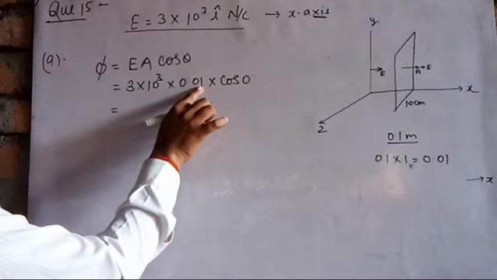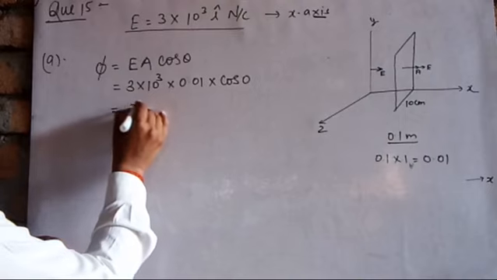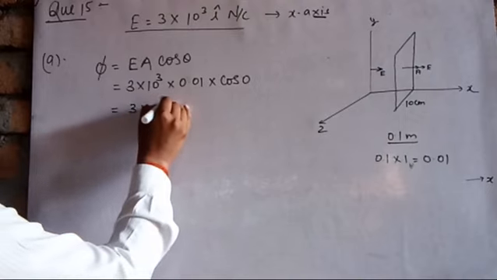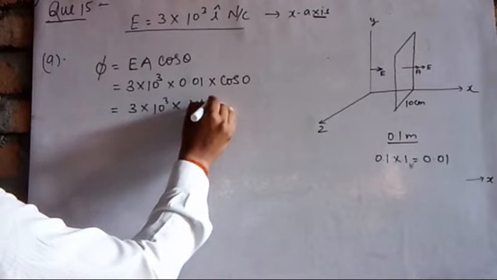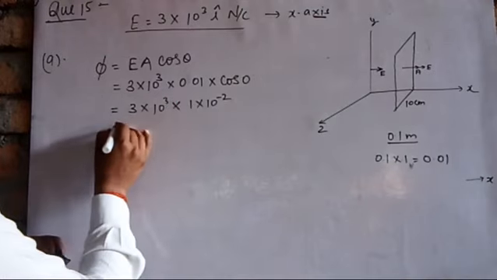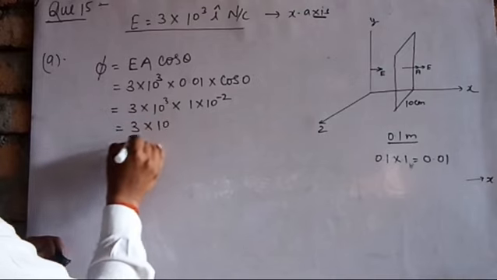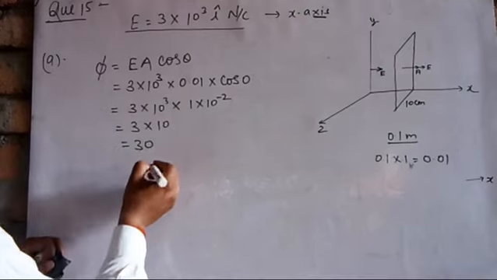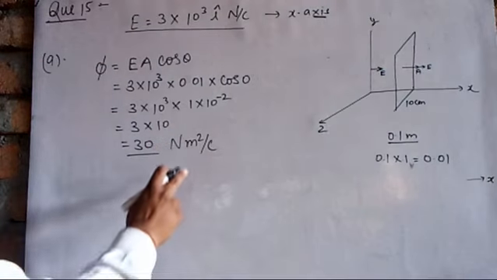Then after multiplying, 3 into 10 to the power 3 into 1 into 10 to the power minus 2, it means 30. This is the flux, 30 Newton meter square per Coulomb.